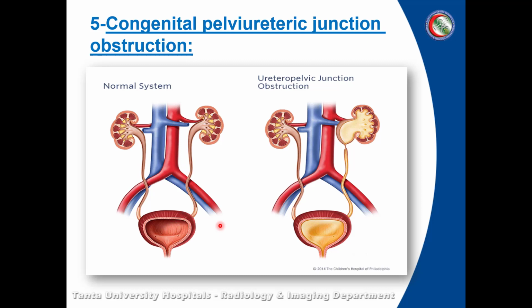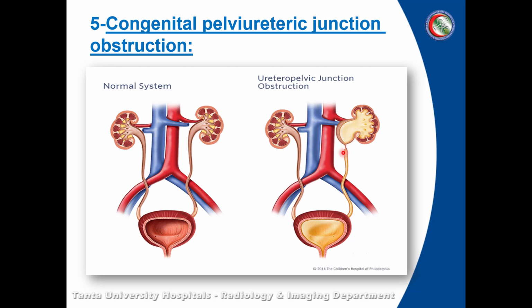The fifth congenital anomaly is congenital pelvic-ureteric junction obstruction. What's meant by pelvic-ureteric junction obstruction? This is the normal calyces, normal renal pelvis with normal caliber ending into the normal caliber ureter to end into the urinary bladder.